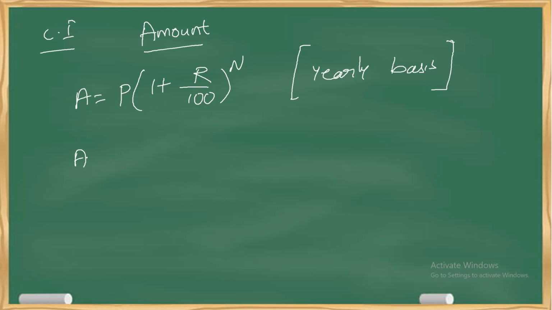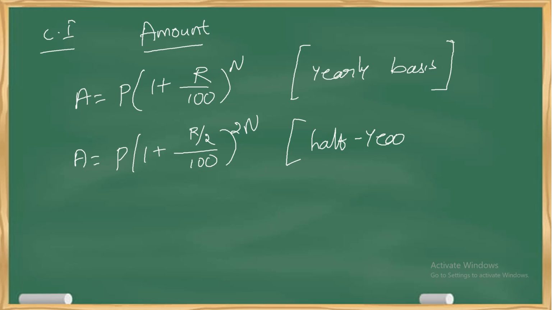I'll let you know that also. A is equal to P into (1 plus (R by 2) by 100) whole power 2n. This is on a half yearly basis.